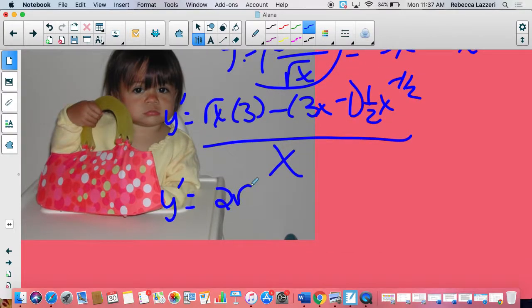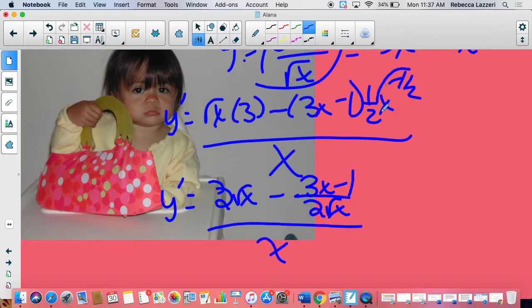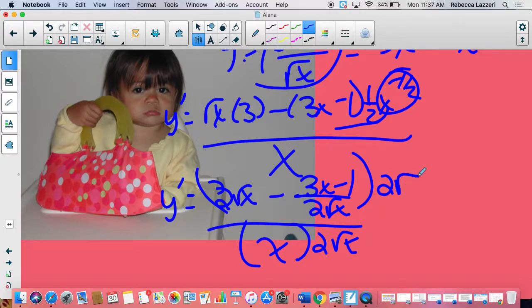So I have 3 square root of x minus 3x minus 1 over 2 root x, all over x. This just goes right underneath what it's multiplied to. And there was a 2 already sitting down there. And that's a 3 in the front, a really ugly 3. Then I would do common denominator. Sorry, the 2 big examples I've done today, I think, have a 2 root x in them. And then you would continue on and get the answer in the back.